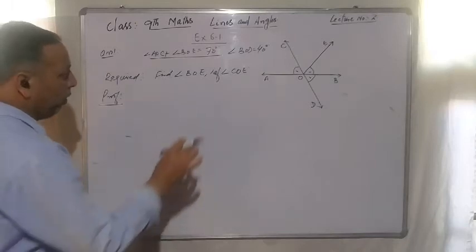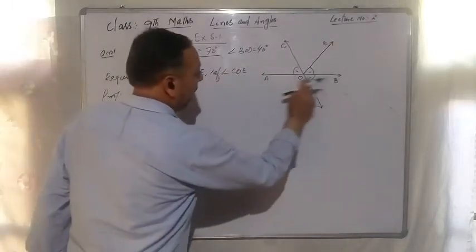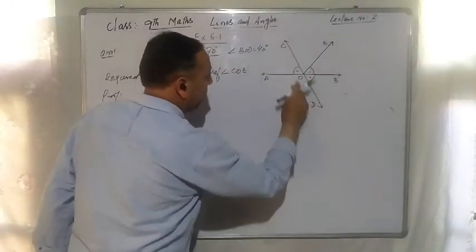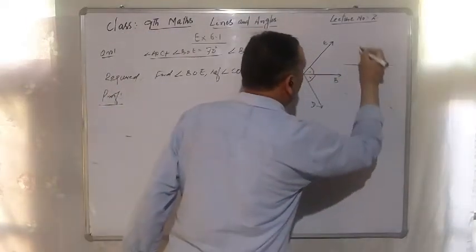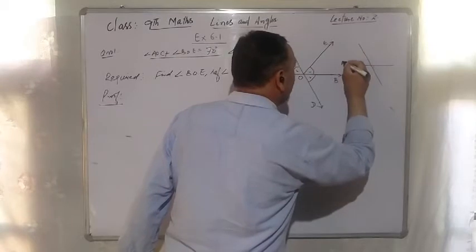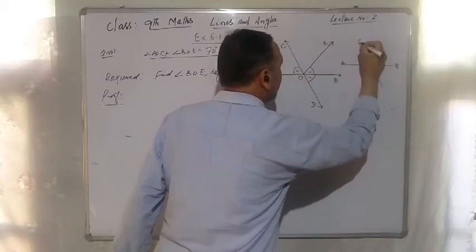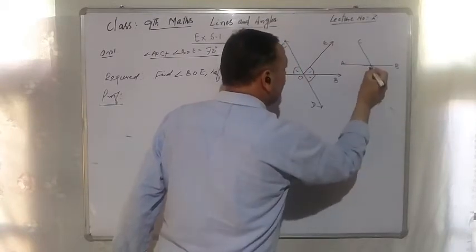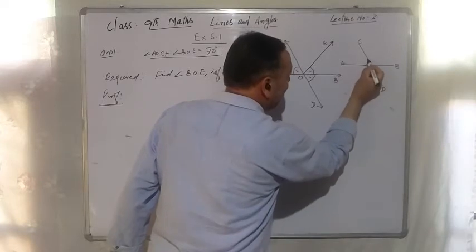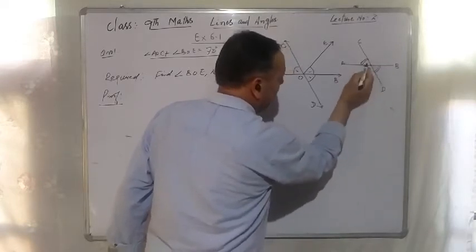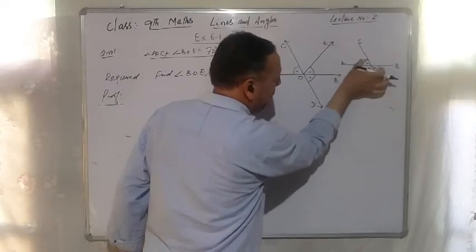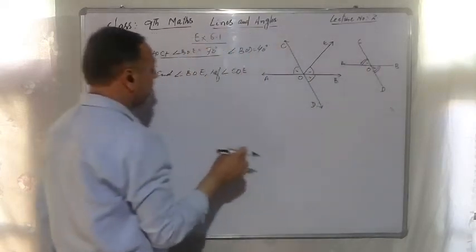Now, you look at the figure, lines AB and CD intersect each other at O. Let me explain you like this. This is line AB, this is line CD. They intersect each other at O. That means angle AOC will be equal to angle BOD because these are vertically opposite angles.